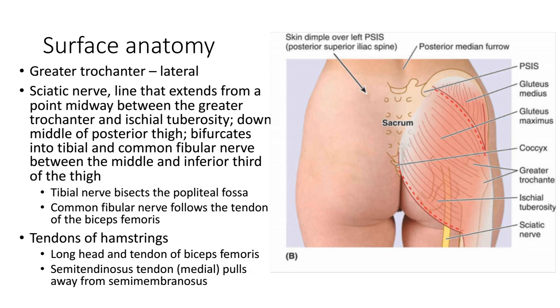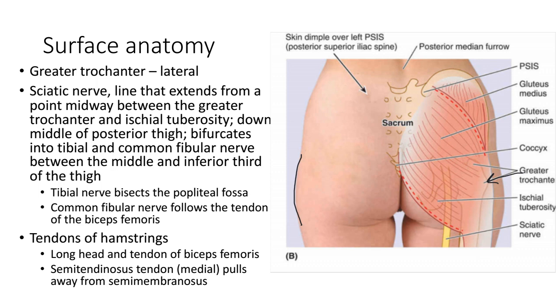If we look at some more surface anatomy, the greater trochanter is lateral, and you can tell where, especially on women, because of the angle, right where they have the curve on their hip, that's where the greater trochanter is. And you can feel that. You can feel the superior portion of that if a person were to medially and laterally rotate their hip.